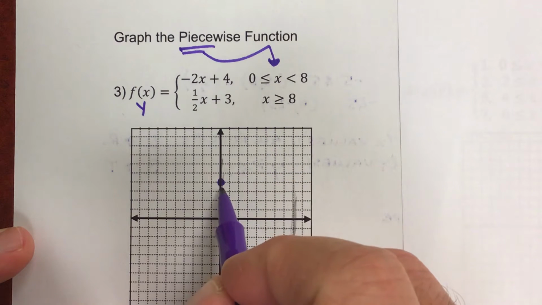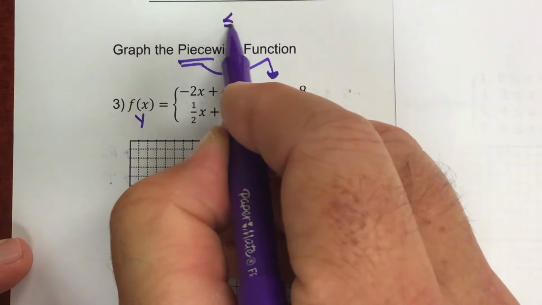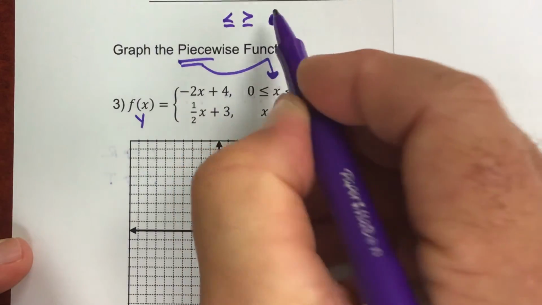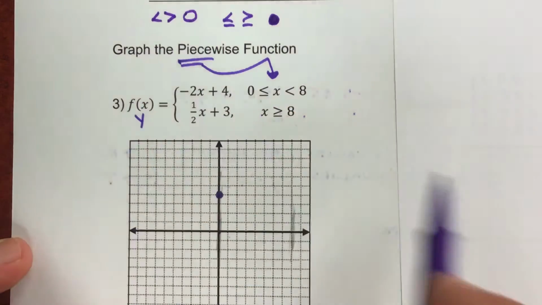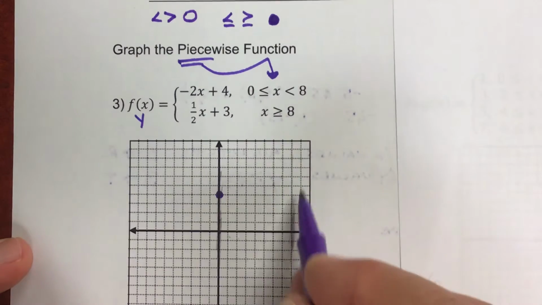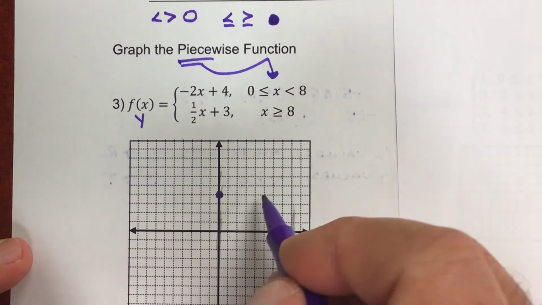So this does become a solid dot. Remember that when we have or equal to, it means solid dot. If it's just less than or greater than, it's an open dot. Very important to know that. So I know at 8, I have an open dot. So I have to be careful with that the next time I do that.